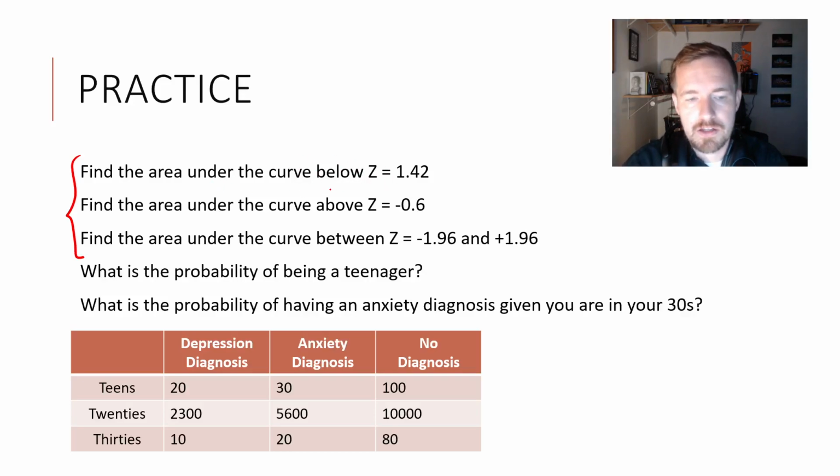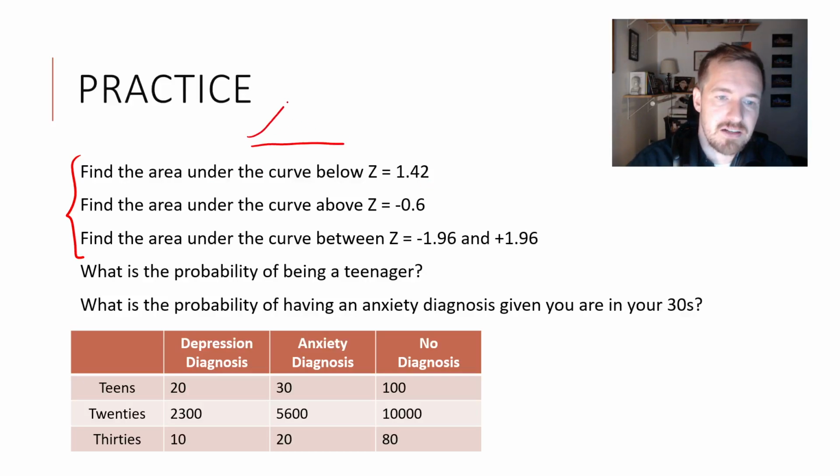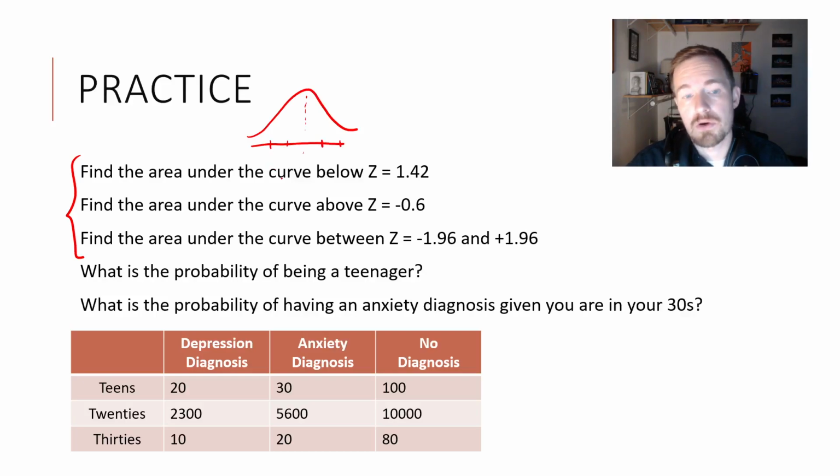So find the area under the curve below 1.42. Now remember, I love drawing these things out just to make sure that I'm on the right track, because it's easy for me to visualize. You'll know when you go wrong usually. So we got 1.42 here, and I'm looking for everything below that, right? Just eyeballing it, I know it's going to be over 50%.